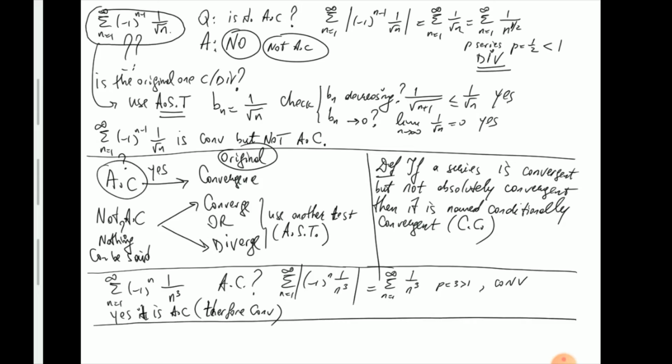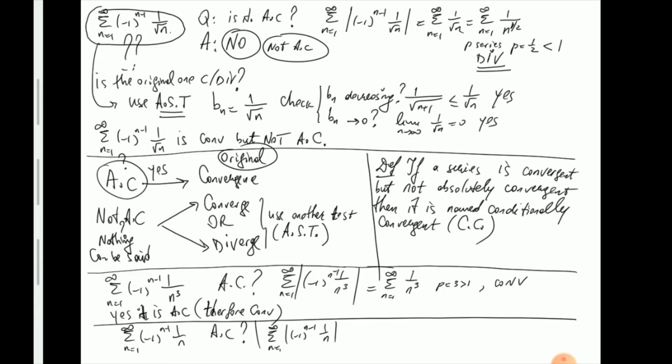All right, so on the flip side, summation from 1 to infinity of (-1)^n, let's say, 1 over n. Is it absolutely convergent? Well, I'm going to look at the summation of the absolute values. I'm going to write (-1) here because that's how we set up these series, starting with a positive term.